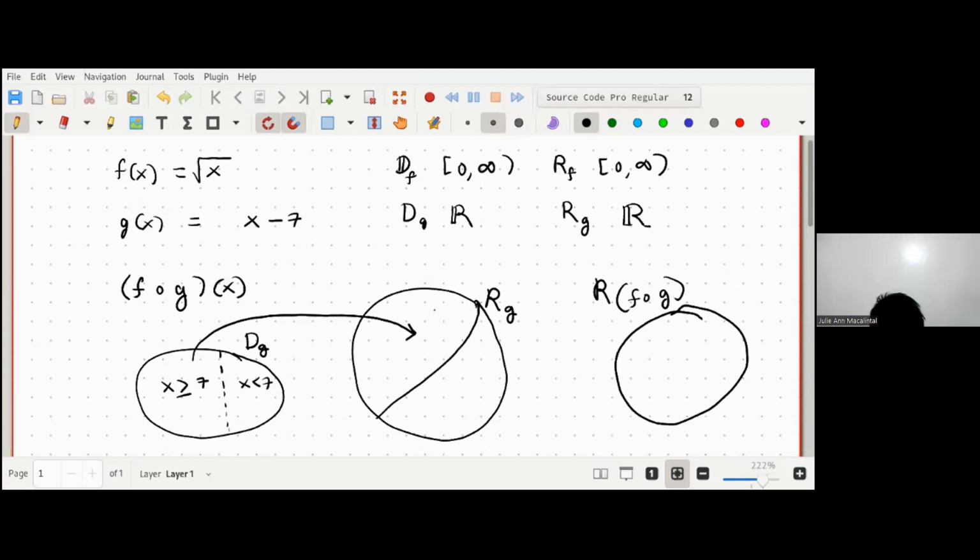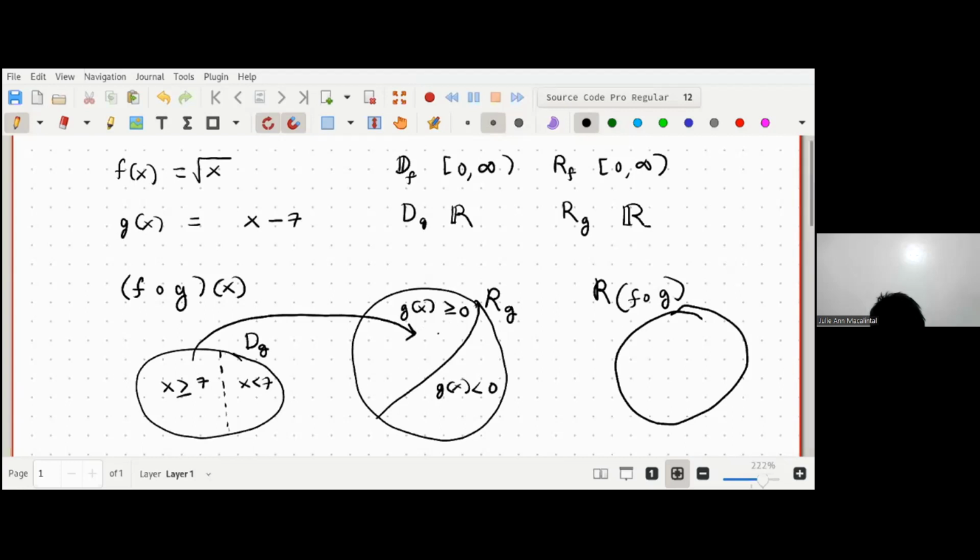So, greater than, so ito, g of x is greater than or equal to 0. Ito, g of x is less than 0. So if I'm starting here from x greater than or equal to 7, it carries me over to a value na greater than or equal to 0.